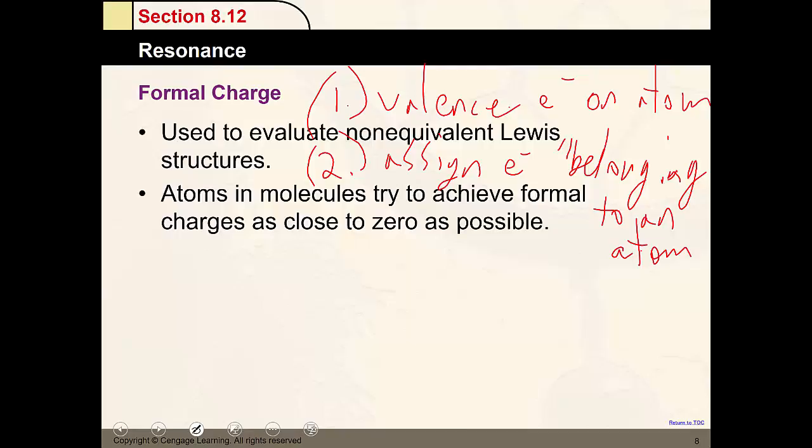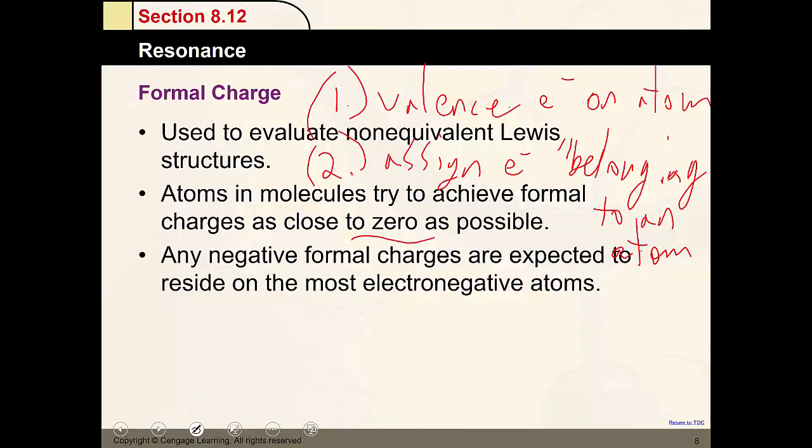Okay, so we do those two things, and we come up with formal charge, and I'll explain what that is in a second. So you want formal charges as close to 0 as possible, and if you are not able to get a formal charge of 0, you want the negative formal charge on the most electronegative atoms. So those atoms like oxygen and halogens.